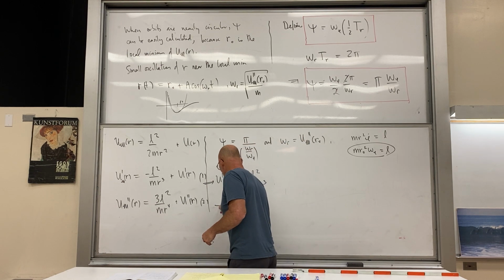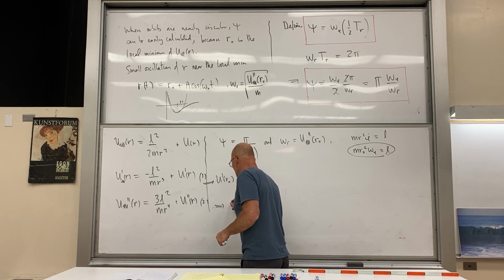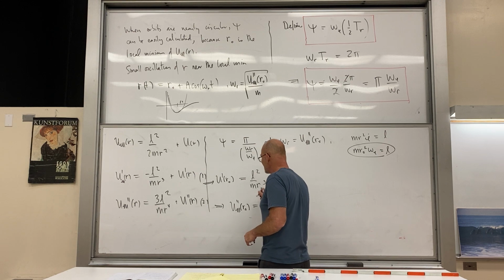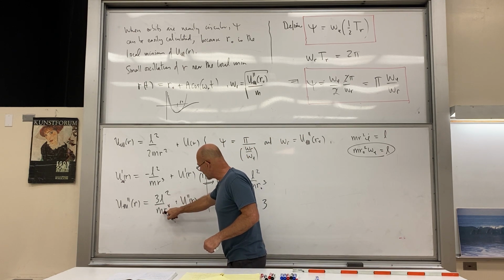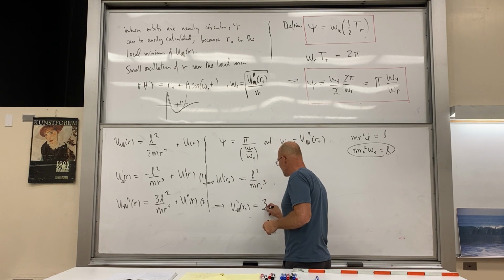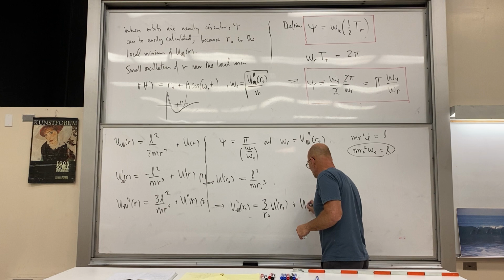And then from the second equation, we have U effective double prime of R naught is equal to 3L squared over m R naught to the fourth. So we can say we have 3 over R naught U prime of R naught plus U double prime of R naught.